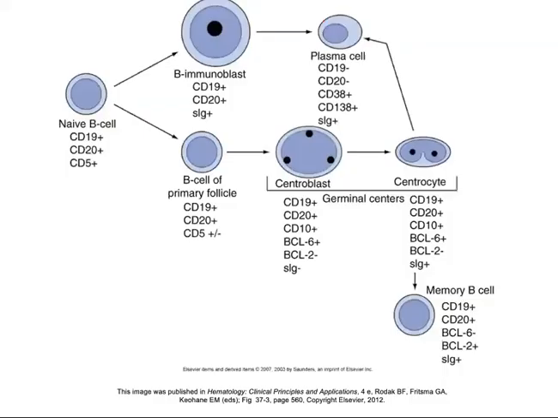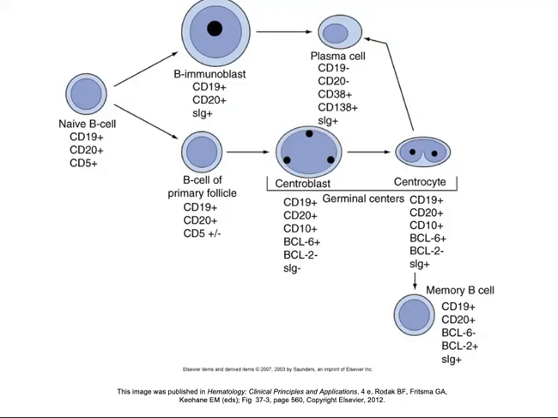This is the diagram that helps us understand the proliferation of a lymphocyte, specifically a B lymphocyte. We have to take a look at this because this way we can understand a malignant process like cancer of these cells.